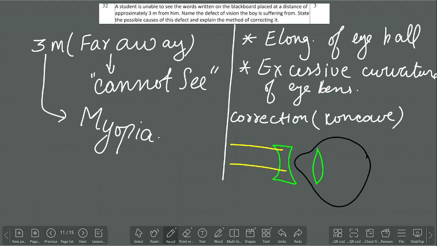Whenever he is using the concave lens, the light rays will start to diverge and then enter into our eye lens, and once entering into our eye lens, they will converge and then fall on the retina. Clear? So this is how we are going to draw the corrective eye diagram for the myopic eye.